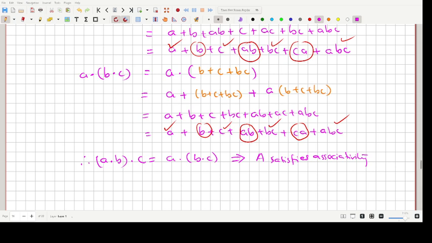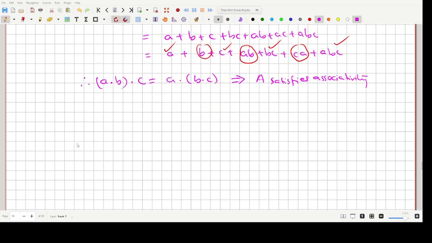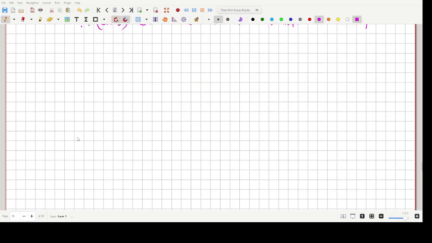associativity. Okay, now let's try to show whether this particular operation along with this set has an identity element or not, right? Okay, now that is the third property, right? So let us assume that e belongs to capital A is the identity element, right?